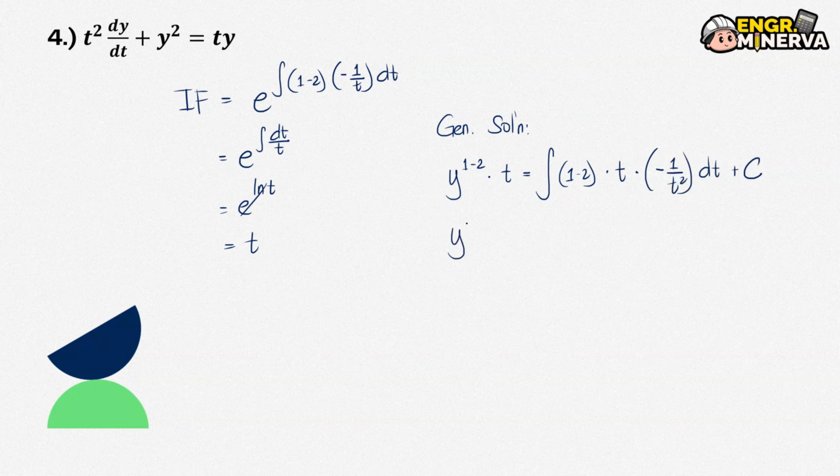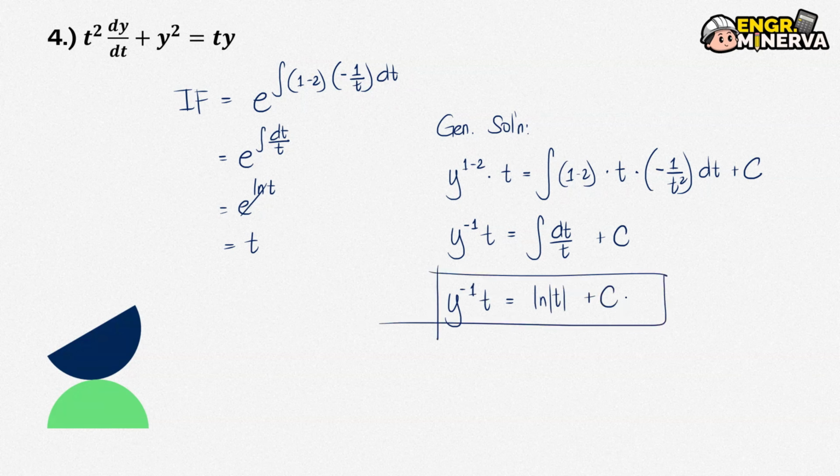So this would be y raised to negative 1 times t equals, negative 1 multiplied by negative 1, that would be positive. So that is just the integral of dt over t plus c. So this would be y raised to negative 1 times t equals ln of t plus c. So that is our final answer.